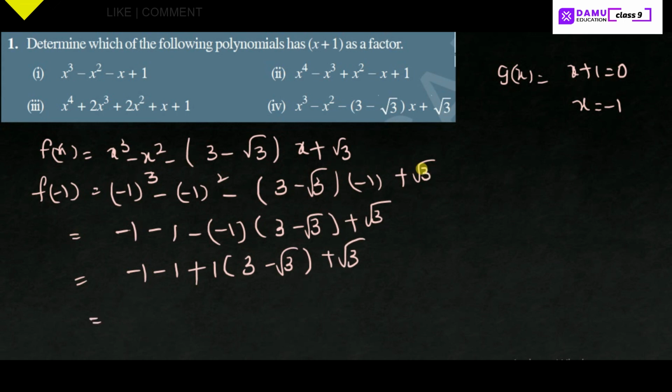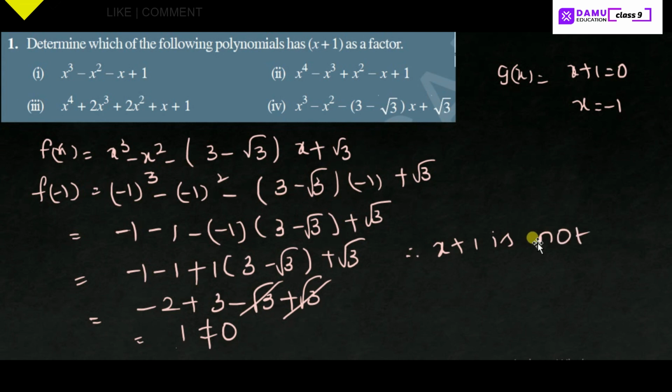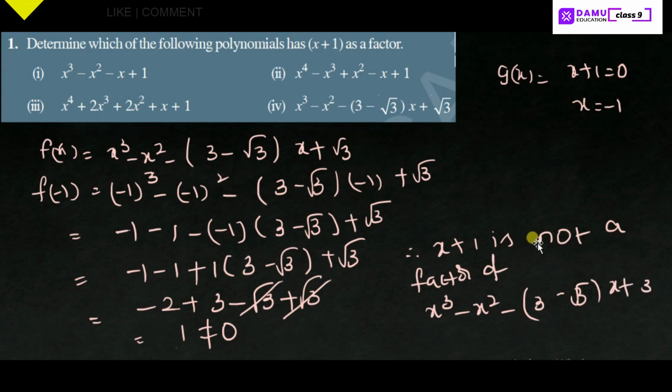Here minus 1 minus 1 is minus 2, plus 1 into 3, plus into minus root 3, plus root 3. Minus root 3 plus root 3 will cancel. Then what you will get? Minus 2 plus 3, that is 1. 1 is not equal to 0. So x plus 1 is not a factor of x cube minus x square minus of 3 minus root 3 into x plus root 3, like this.